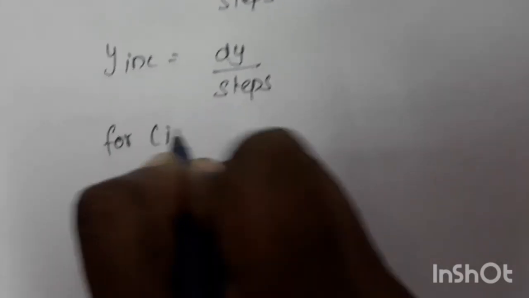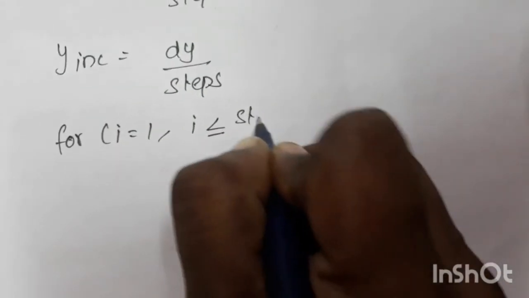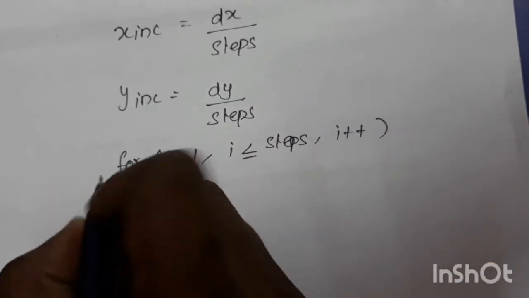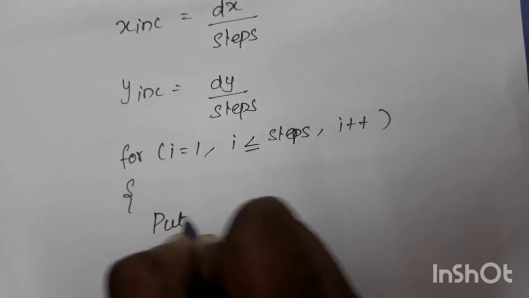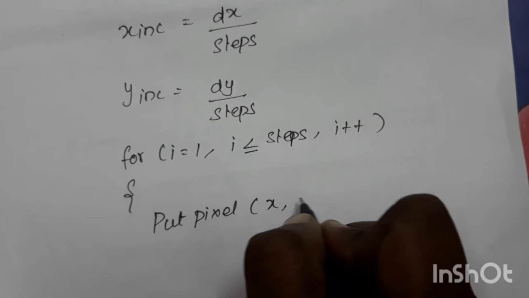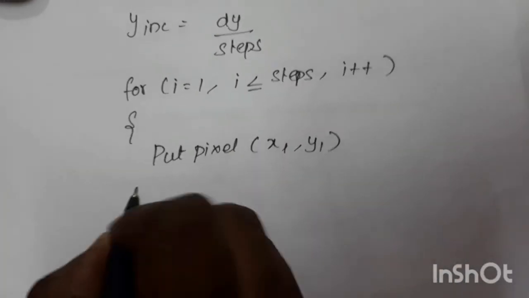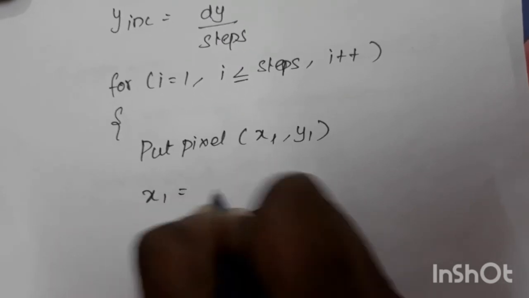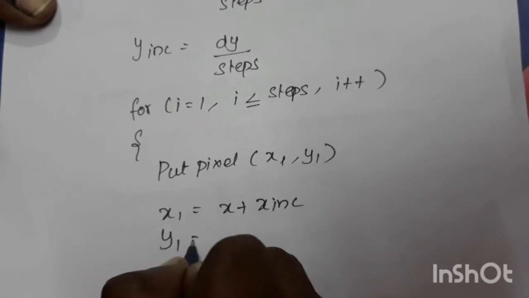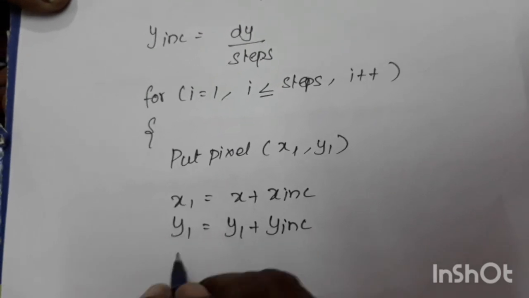And next, for i equal to 1, i less than or equal to steps, i plus plus, put pixel, that is we have to draw the point x comma y. Now x is equal to x plus x increment and y is equal to y plus y increment.